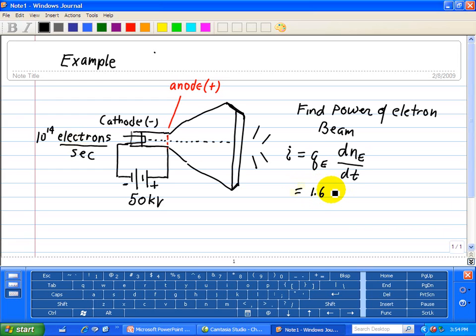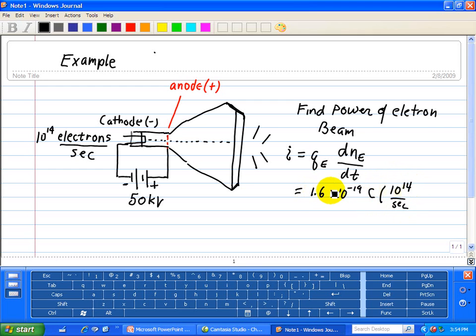We note that the charge of an electron has a value of 1.6 times 10 to the minus 19th coulombs. The number of electrons per second is 10 to the 14th per second.